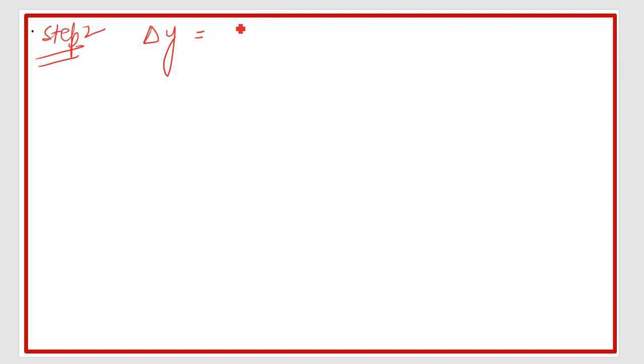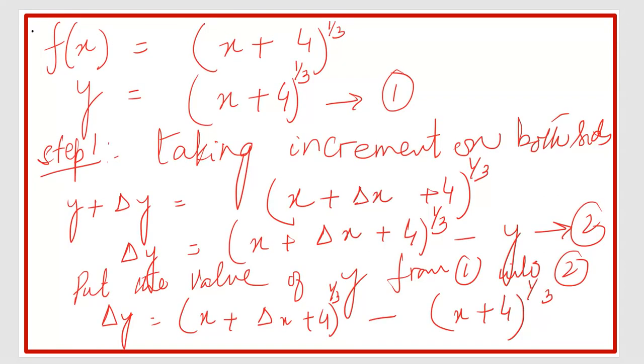That (x plus 4 plus delta x) whole power 1 over 3 minus (x plus 4). I will show you what I did. See here, here is x plus delta x. If you write delta x before or after, because these are positive, it will not affect each other. So I will just arrange x plus 4 plus delta x.